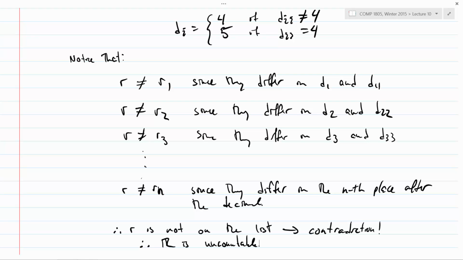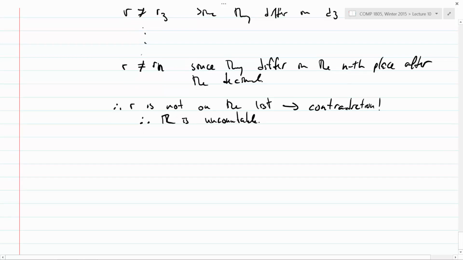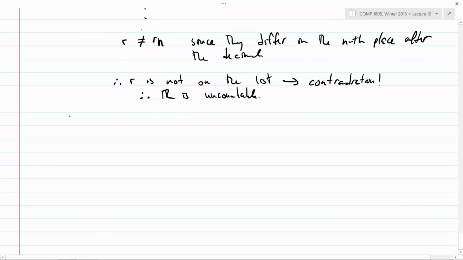Other questions about this? So this is pretty non-intuitive. One thing I would like you to think about, and this can be homework for you, although it won't be graded: why doesn't this argument work for the previous examples?